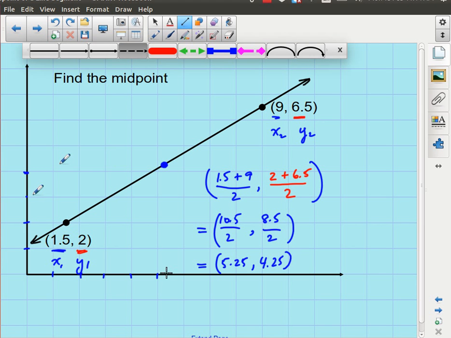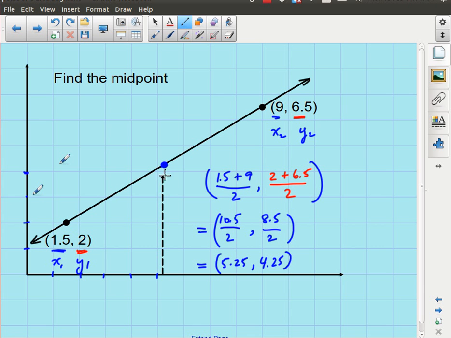So 5.25 is around there. 4.25 is around there. And you can see that that does actually look like the midpoint between these 2 points. Okay, so it seems like this has some validity to it.